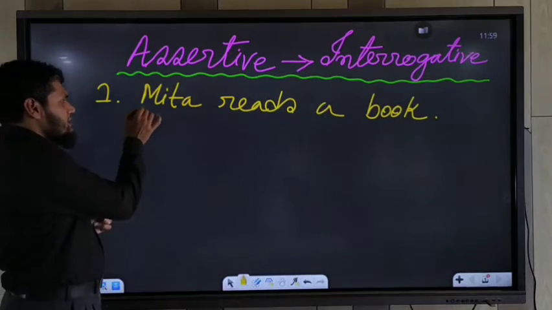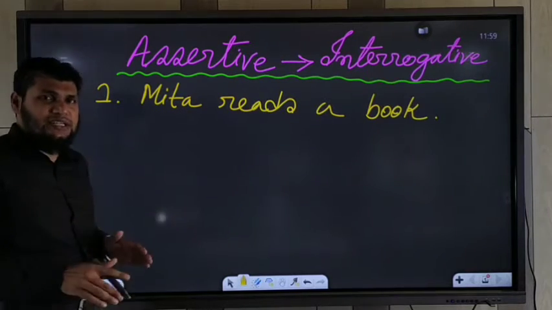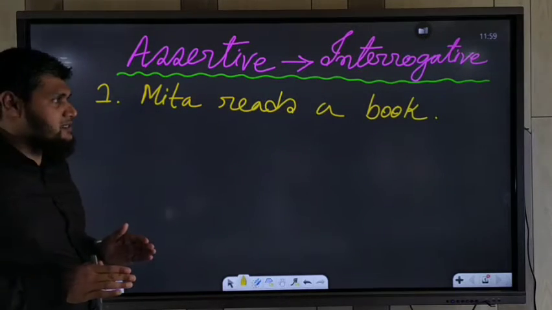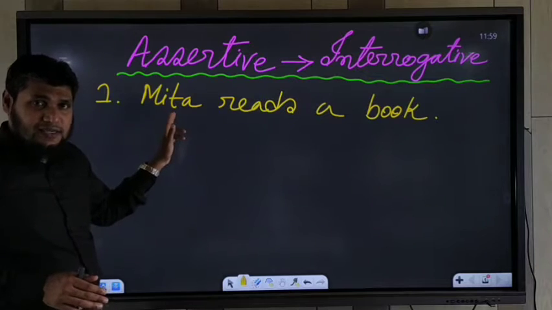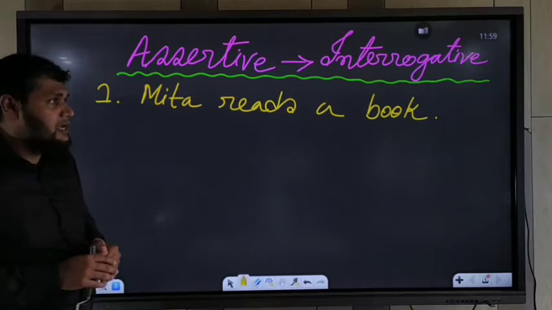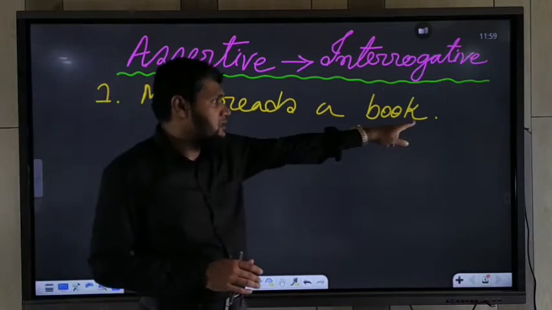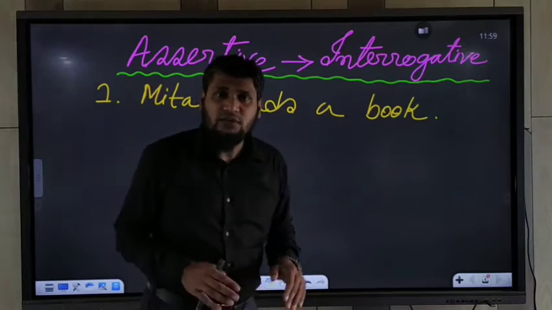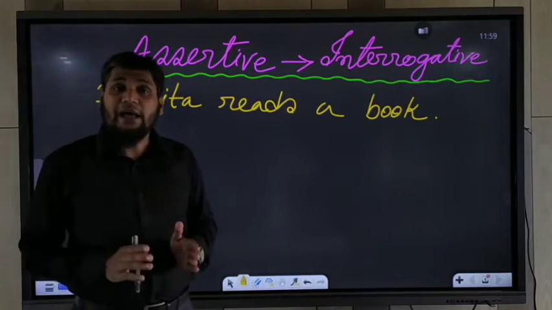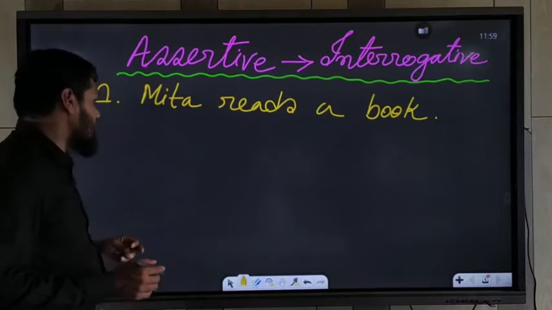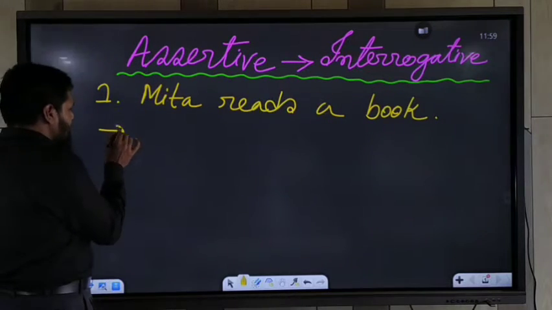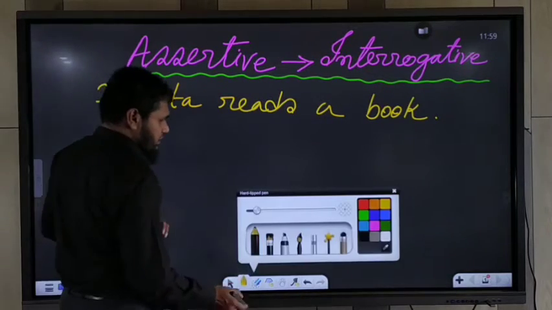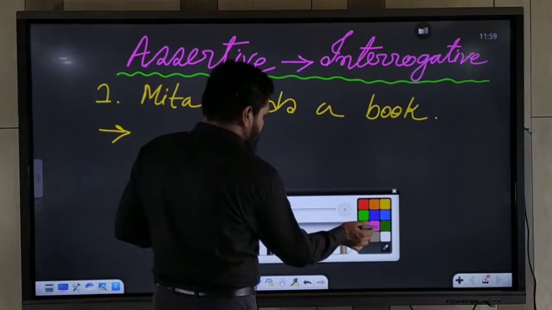The sentence starts with the subject, so it's an assertive sentence. A sentence starts with a subject, and at the end a full stop is used. So you need to change it, assertive to interrogative.